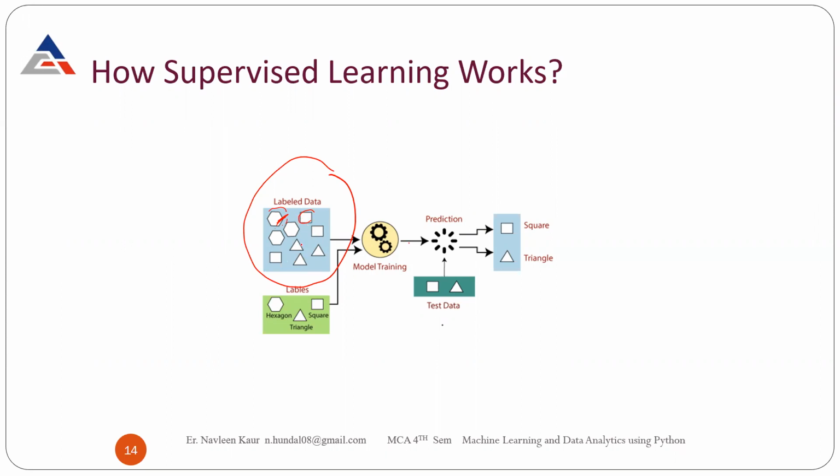And then the triangle you are feeding. Some of the data that you are feeding is of the type hexagon, some of the type square, and some of the type triangle. It means the data is well labeled, and you provide this data to your model. You can see the labels that I am telling you; it is already mentioned here that there are 3 labels of this data: hexagon, triangle, and square.